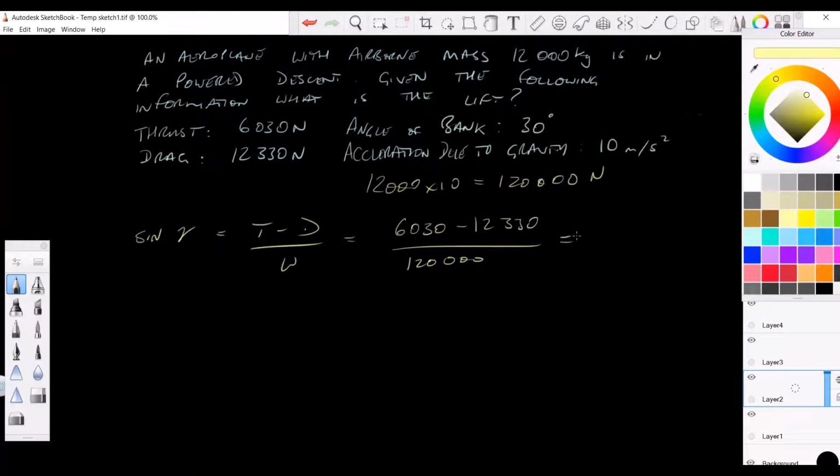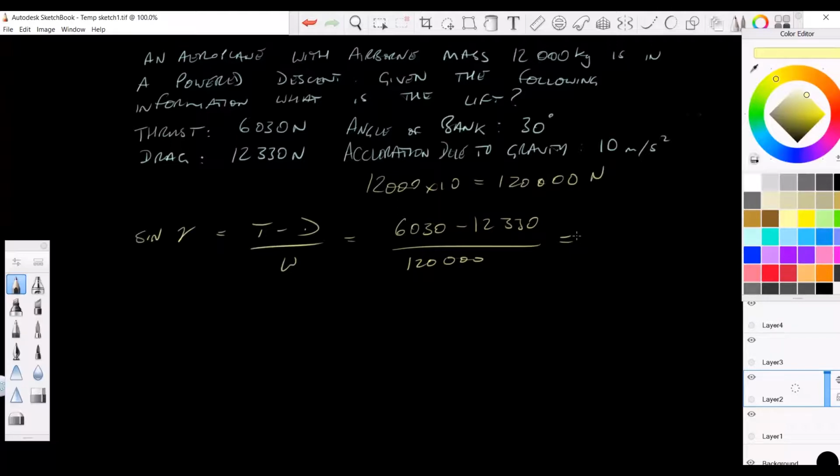So if I just get the calculator here, 6,030 minus 12,330. Don't forget to bracket the top if you're going to do this all in one, because otherwise it will just divide the 12,330 by 120,000.